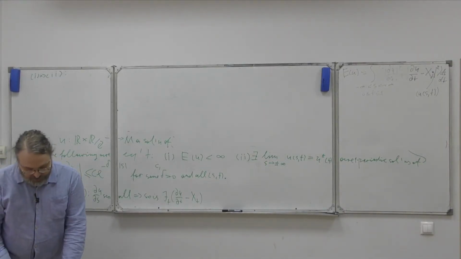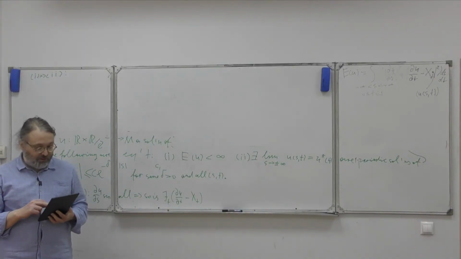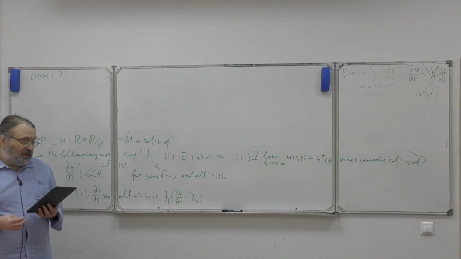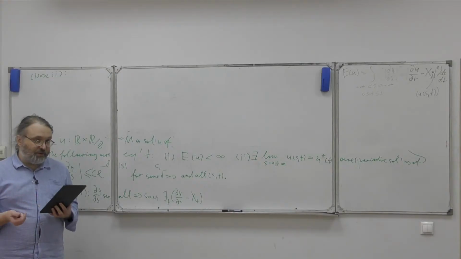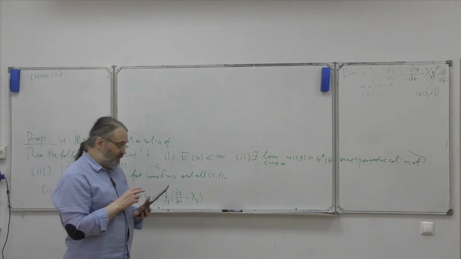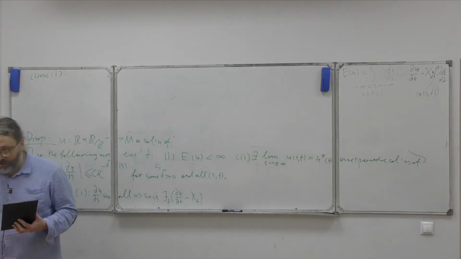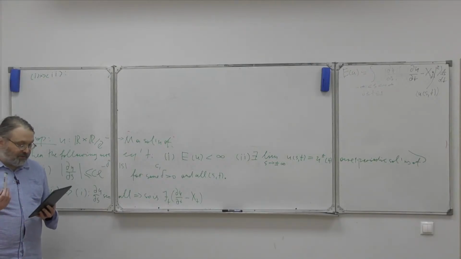Okay, now here there is a point in the proof which I don't understand, and there is another point which I sort of understand, but not the way it's written in the note.